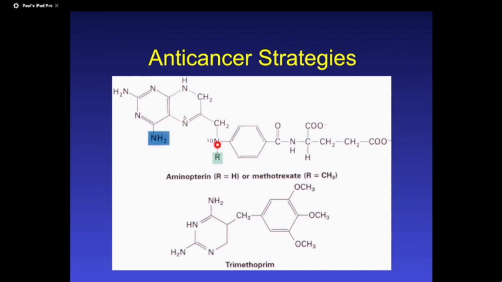A 5 and a 10 nitrogen that are in arrangement, it kind of looks like the tetrahydrofolate, or the dihydrofolate. So it's got a similar structure. If it has a similar structure, then it's most likely a competitive inhibitor. It's going to bind into the same place because it's got basically the same structure.